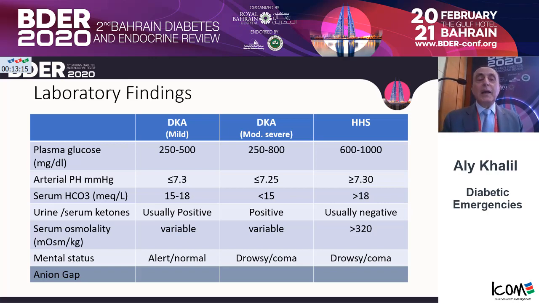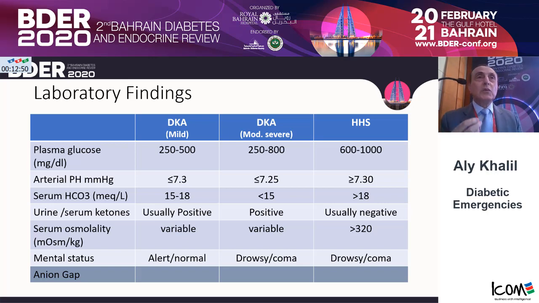DKA, right. And what is anion gap? Well, it's a gap between cations, which are positively charged elements, and negatively charged elements, which are the anions.